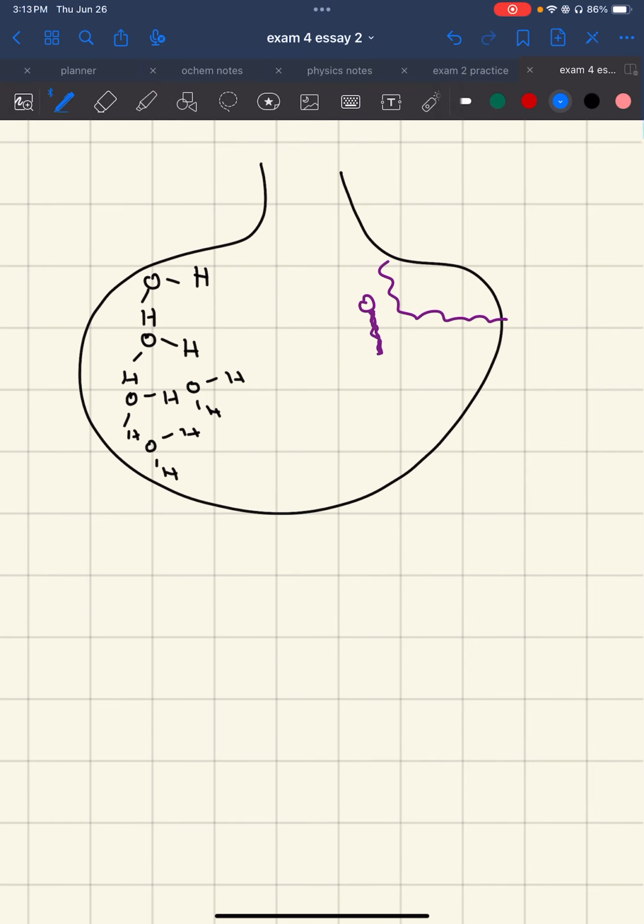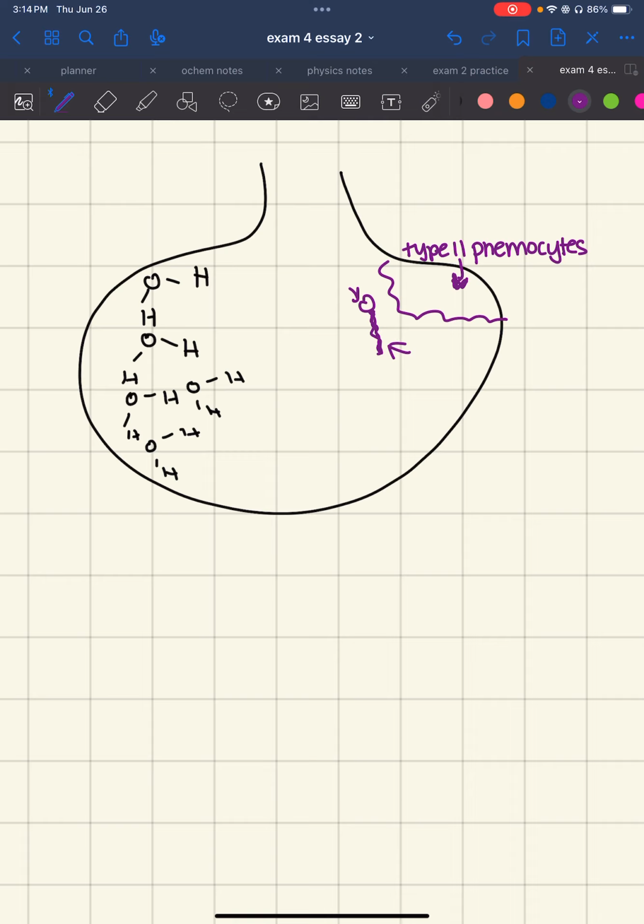And surfactant is made in type 2 pneumocytes, which I have drawn in this diagram right here. So these are type 2 pneumocytes. And that is what makes surfactant. And surfactant goes in and actually it has a polar head. So this head is polar and this tail is nonpolar.